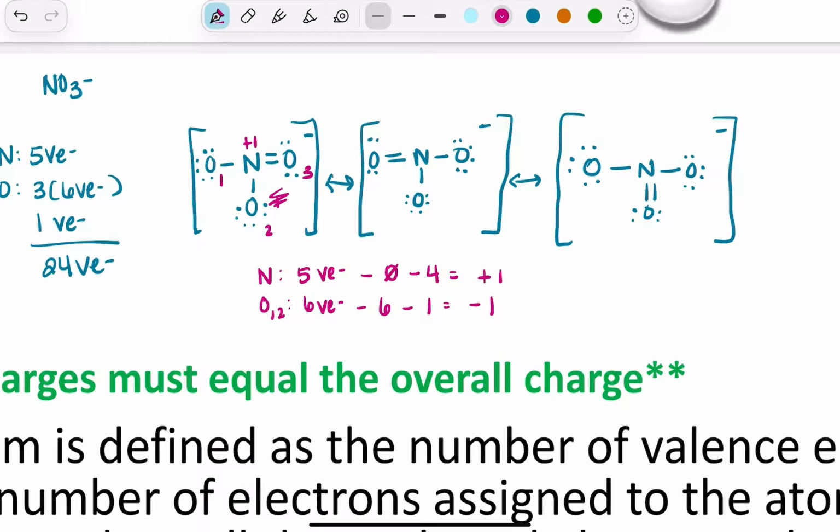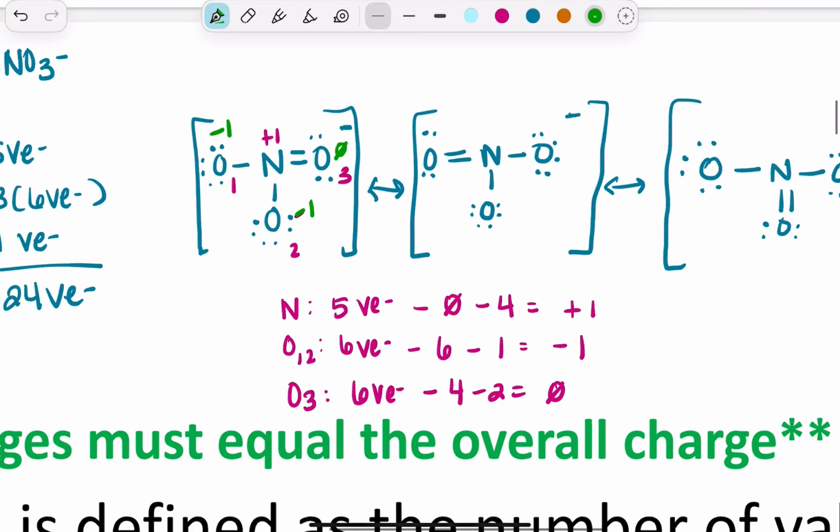I'm going to draw those in a different color. So -1, you can't see the color very well, but -1. And then oxygen 3, oxygens always have 6 valence electrons, but the third oxygen has 4 electrons on it and 2 bonds. So an overall 0 formal charge.